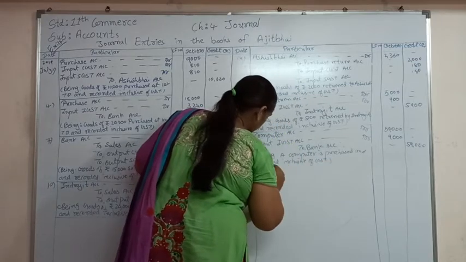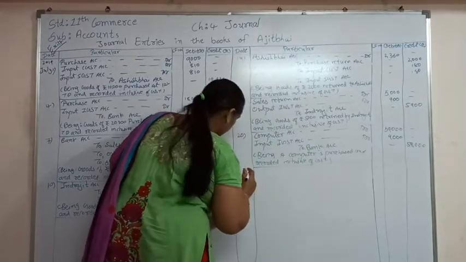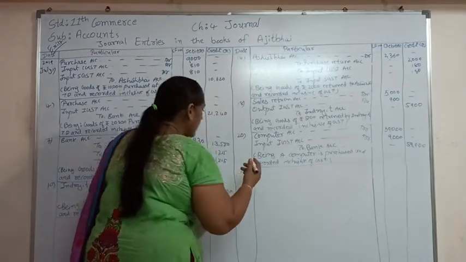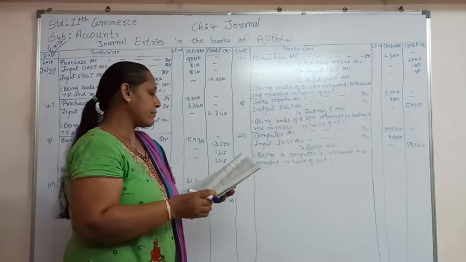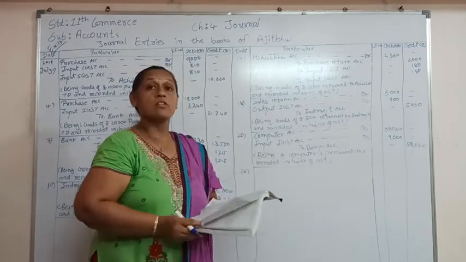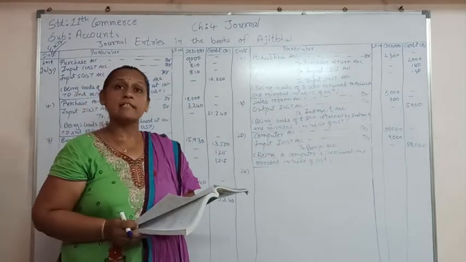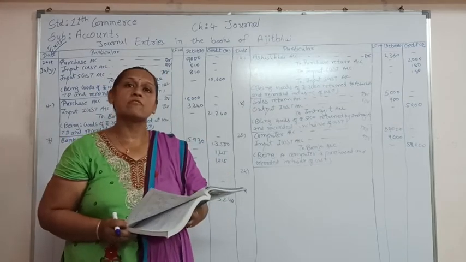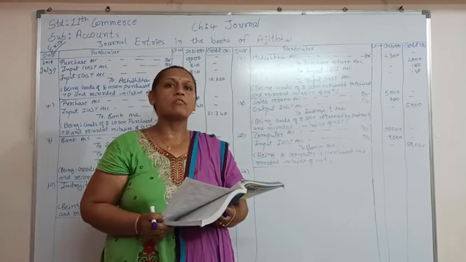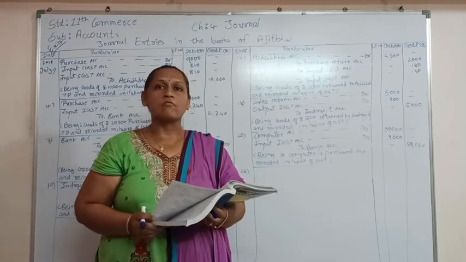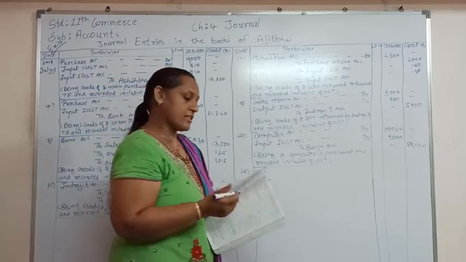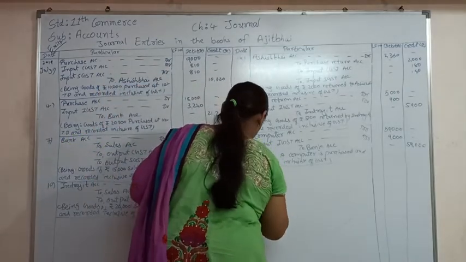Now let's see the last transaction, of date number 24. A telephone bill of rupees 5,000 paid by cheque. So here we are paying a telephone bill inside the state, and for that input CGST and SGST accounts are going to be debited. Telephone account debit, input CGST account debit, input SGST account debit, to bank; that journal entry we are going to pass.